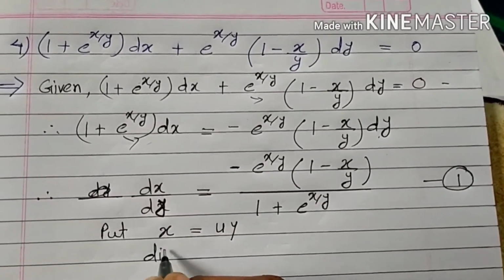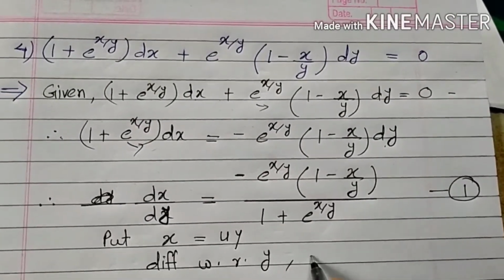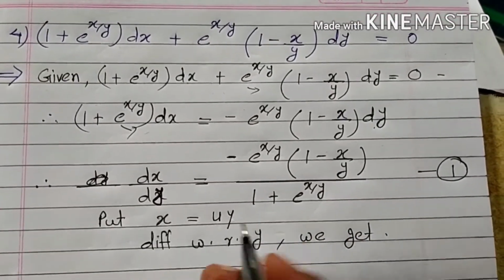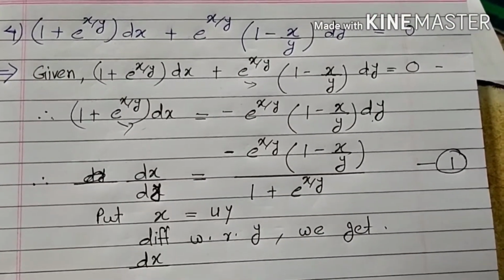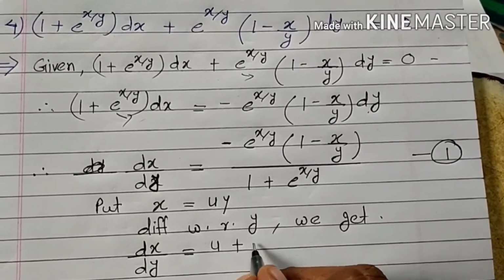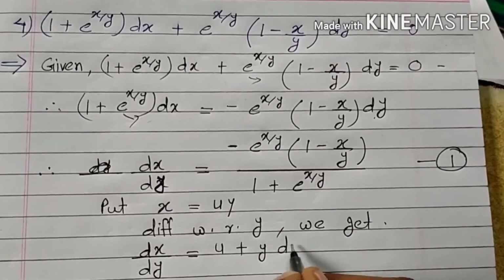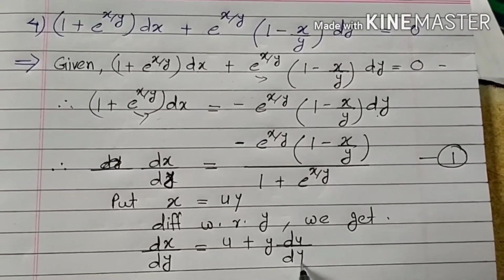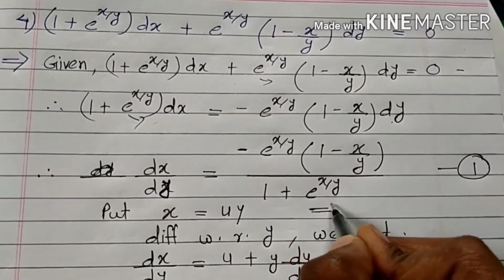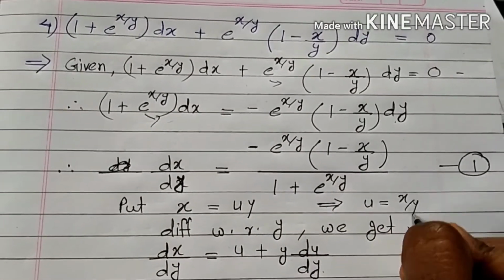So differentiate with respect to y, because it is with respect to y, we get dx upon dy, which is equal to u plus y du upon dy. Okay, and it is u is equal to x upon y.